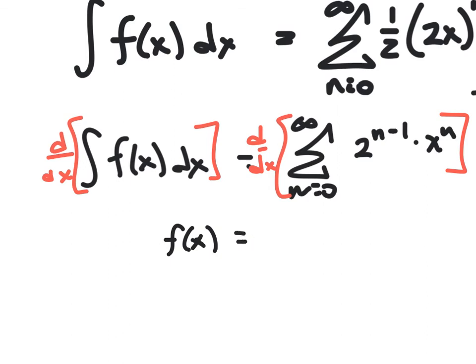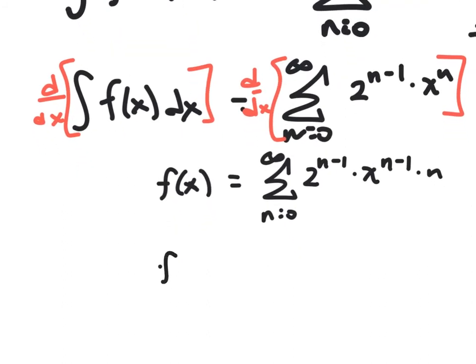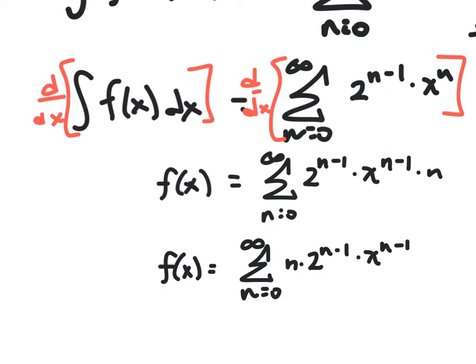That makes the right side the summation from n equals 0 to infinity of 2 to the n minus 1 times x to the n minus 1 times n. Alright, so one more time, let's clean this up. I don't like the way that looks. F of x can be represented by a power series written as n times 2 to the n minus 1 times x to the n minus 1.